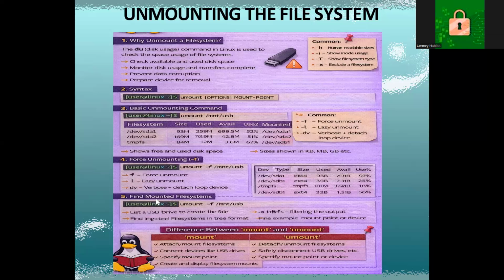This is how to find mounted file systems. If you want to find which file system is mounted and which is not, firstly you just write the command with the mount point, like slash mnt slash usb.